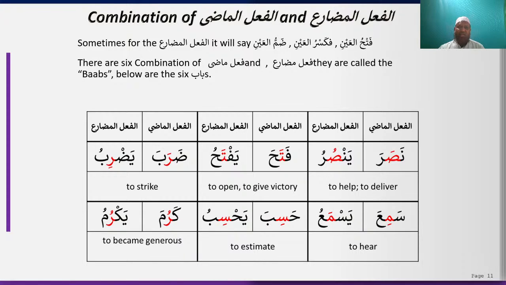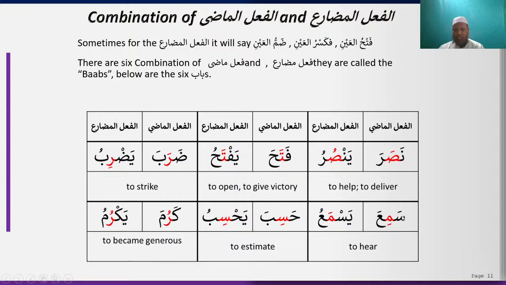Let's take the fi'l sajada. If you want to know the fi'l mudari of that, it will say noon. Noon means nasara. Yansuru, yasjudu. The sajada is from bab nasara. Alima, from bab sami'a.